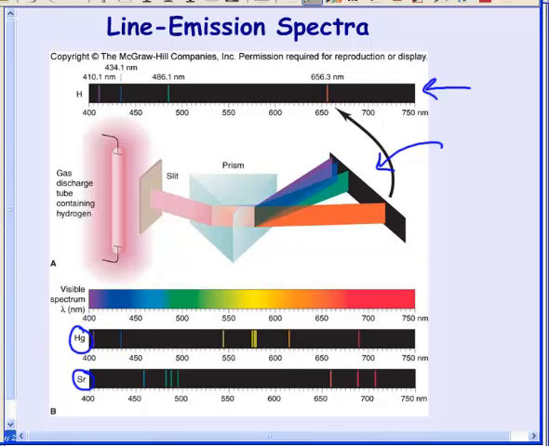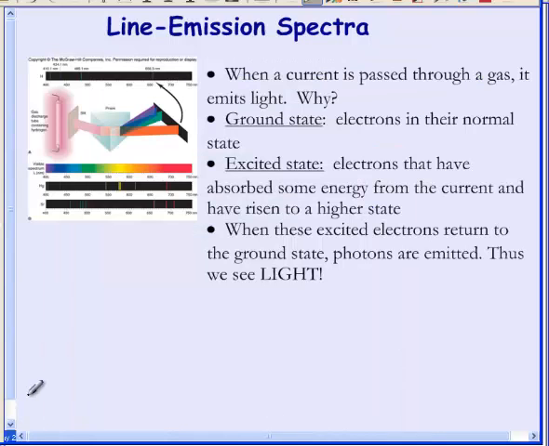Well, Bohr figured out or hypothesized that electrons exist in a low energy or a normal energy level that he termed the ground state. And when electricity passes through the gas, the electrons absorb energy and become excited, causing them to rise up to a higher energy level called the excited state.